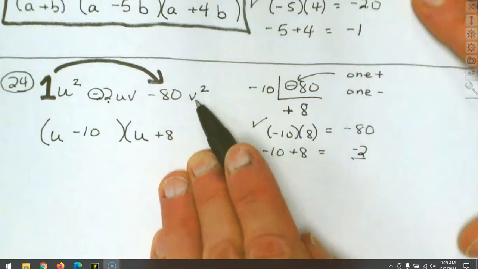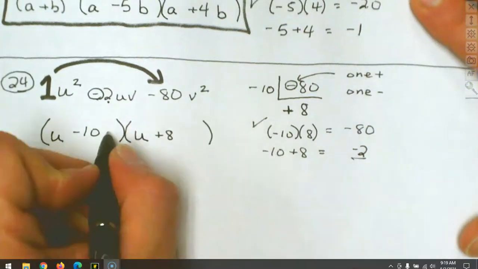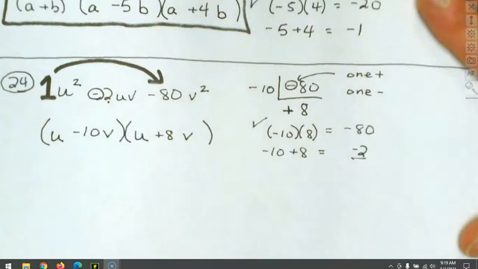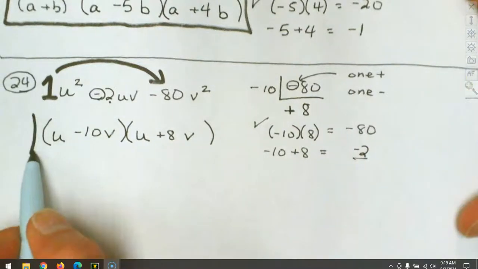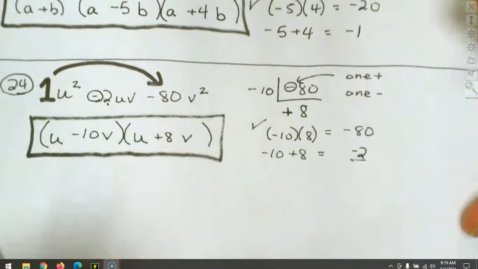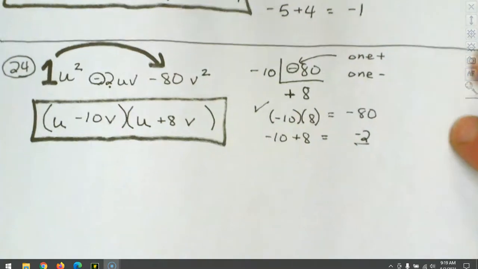If I have one, in this case I have one, and it's v squared, so I can split that up into v and v. And that's as far as I can go. Factoring is basically a puzzle, figuring out how the numbers work together. That's all factoring is, just a puzzle. Rewriting it in a different way.